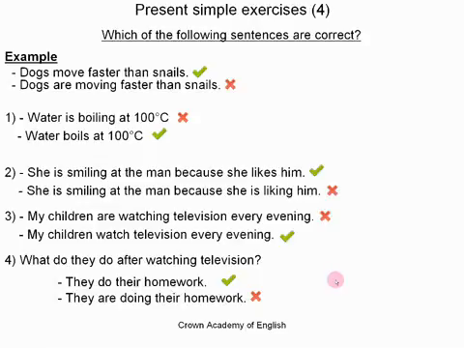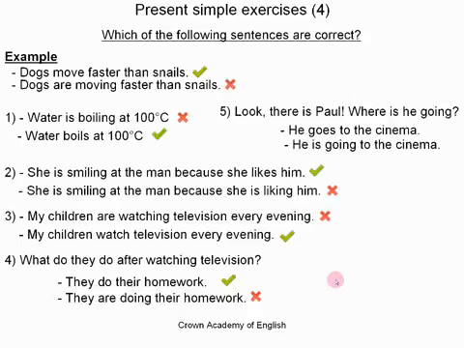And the last question, question 5. So the answer is, now this time we must use the present continuous. We must not use the present simple. And the reason is because look at the question.